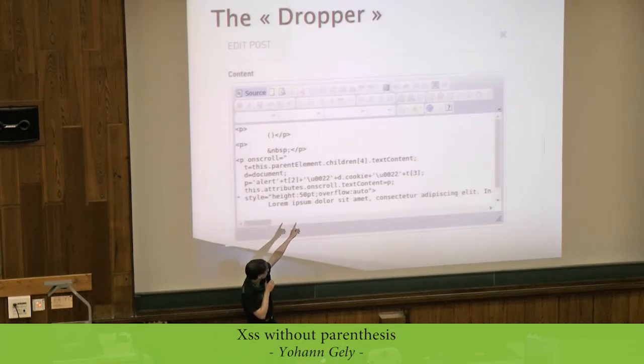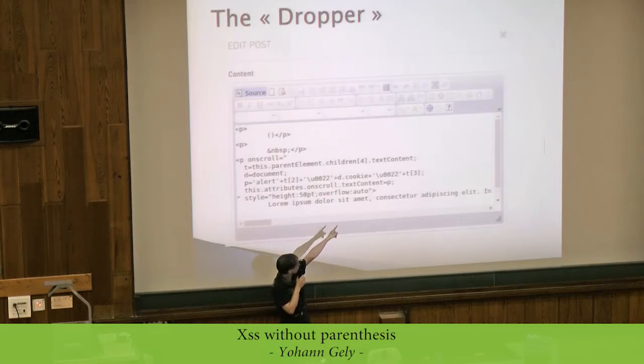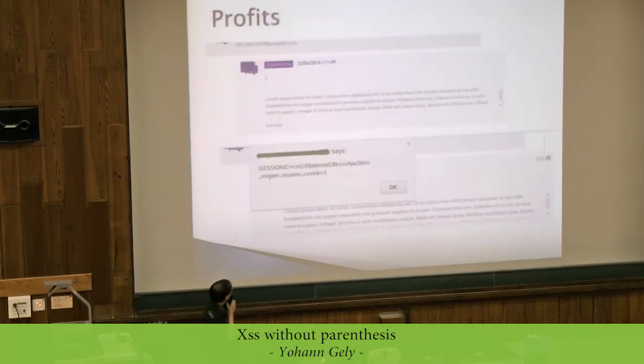You replace your onscroll with the text from your payload, and then you just wait. And your browser will execute this payload, replace your payload with the new one, and redo an onscroll on the new payload. And you get this really nice pop-up. So now you can execute every JavaScript payload you want with a parenthesis.